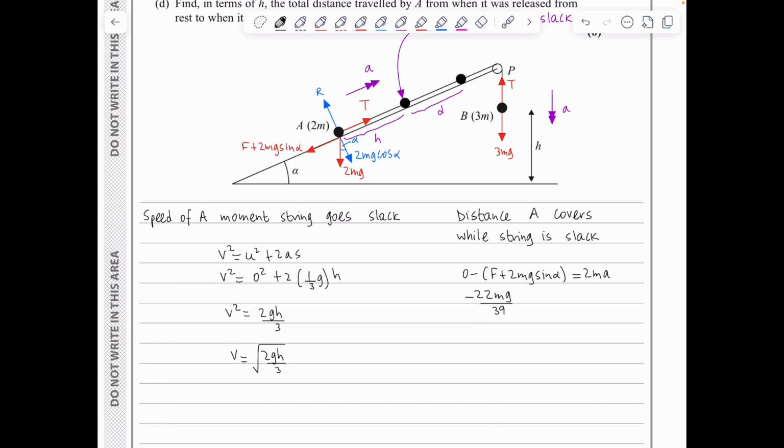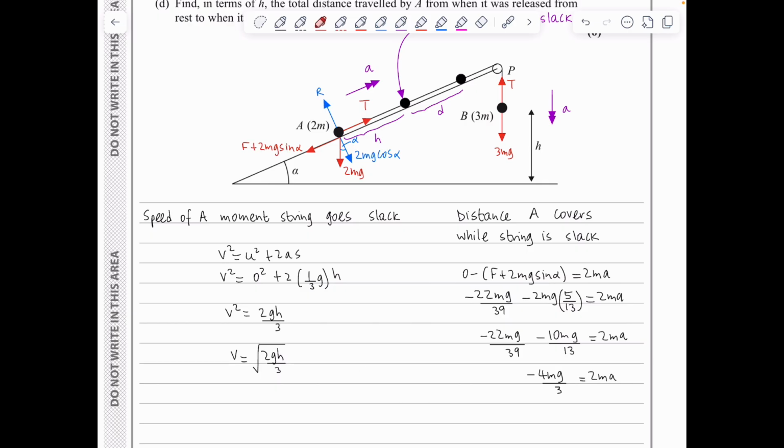The friction is still at its maximum value, it's F max, minus the 2mg times sine alpha, which is 5 over 13, being equal to 2ma. This leads to negative 22mg over 39 minus 10mg over 13 being equal to 2ma, and therefore we're looking at minus 4mg over 3 being equal to 2ma.